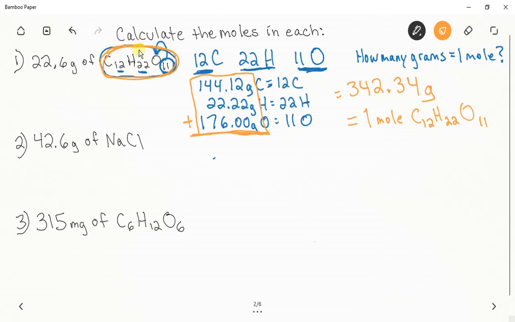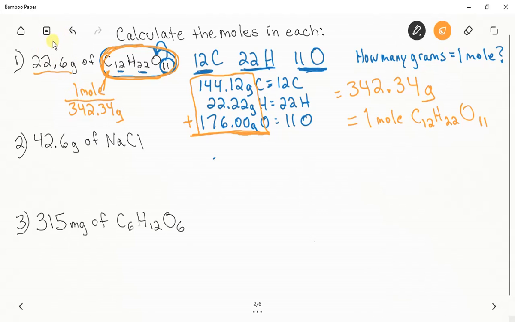It says calculate the moles in each, and this number 1 is 22.6 grams of C12H22O11. So C12H22O11 is 342.34 grams, and that's in 1 mole.